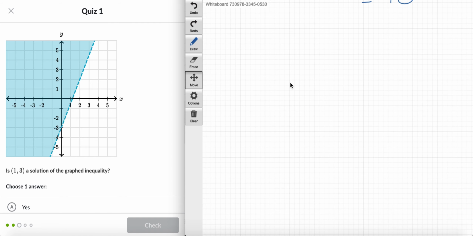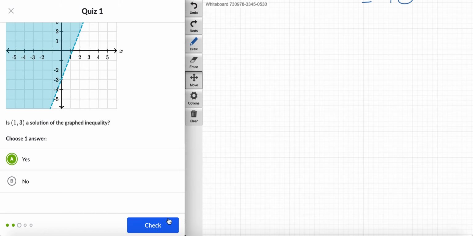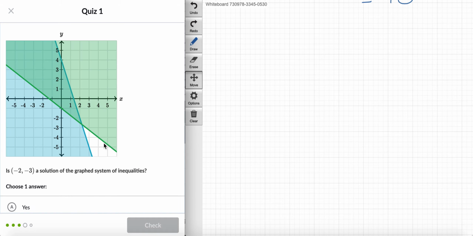And next up, is this point a solution to the graph inequality? So 1, 3, it's in the shaded area. So yeah, it's a solution. All right.